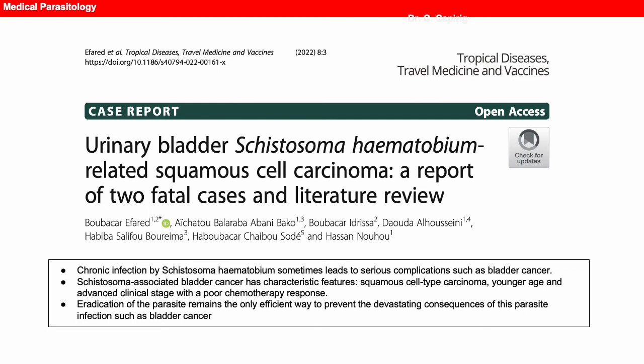And eradication of the parasite remains the only efficient way to prevent the devastating consequences of this parasite infection, such as bladder cancer. So that is why, aside from the genetic and environmental factors, we have also taken into consideration the infectious causes of cancer.